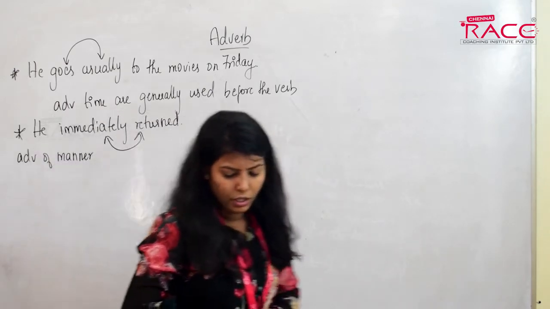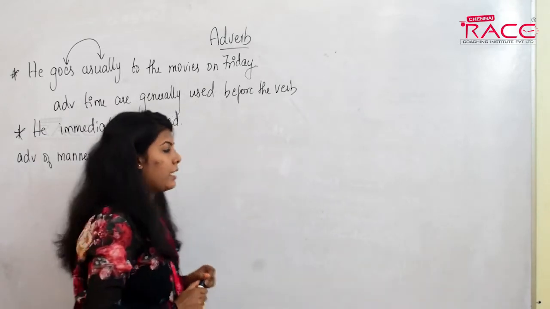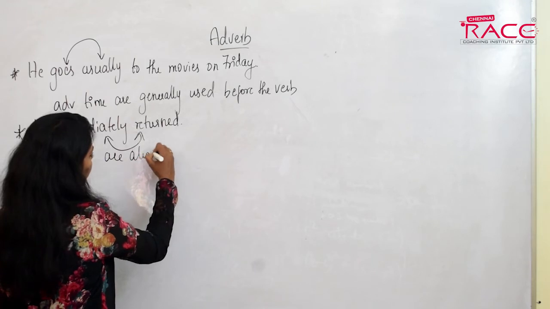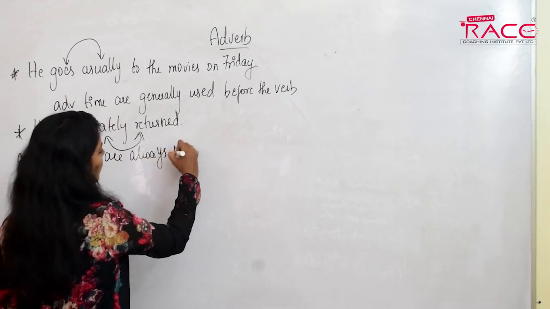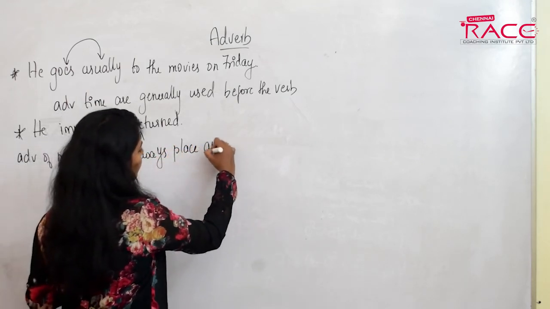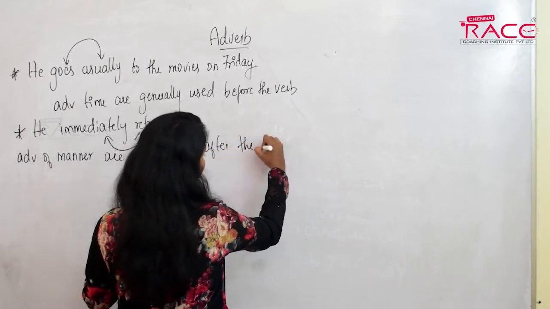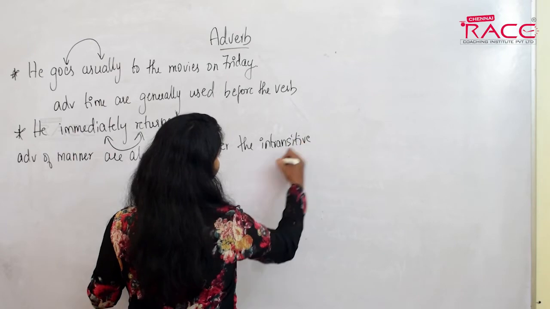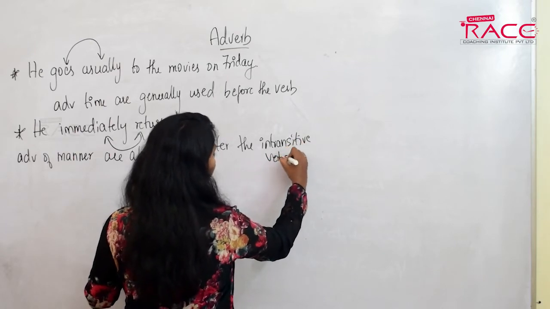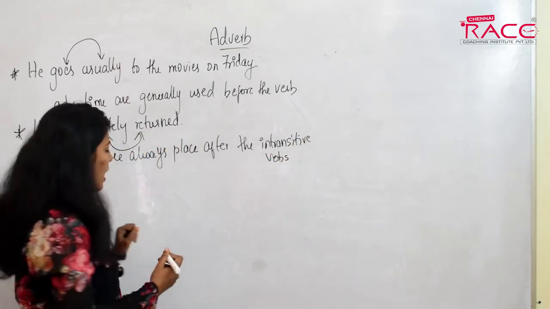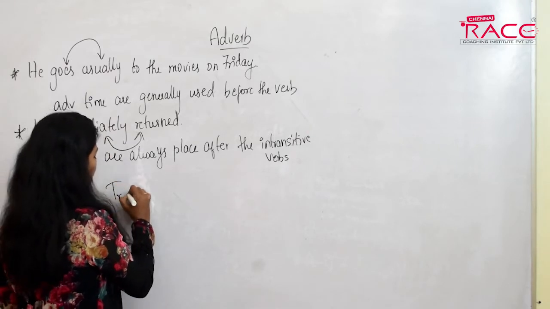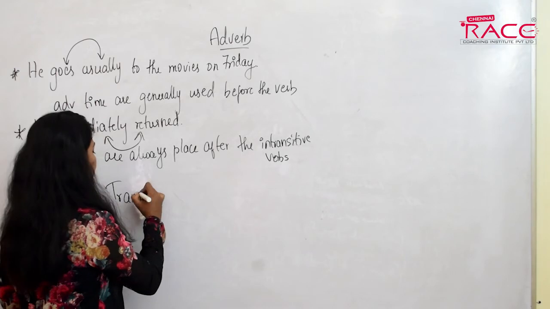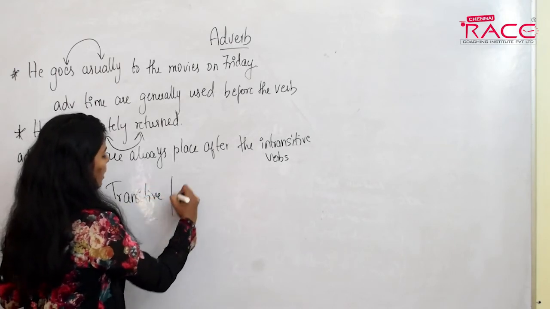So what they are trying to say is adverbs of manner are always placed after intransitive verbs, okay. We have 2 types of verbs: transitive and intransitive.